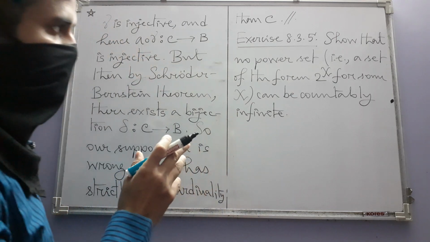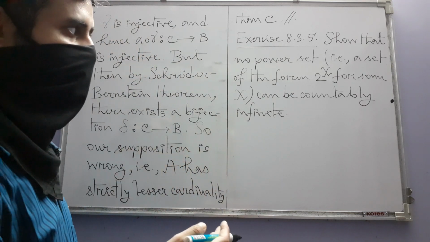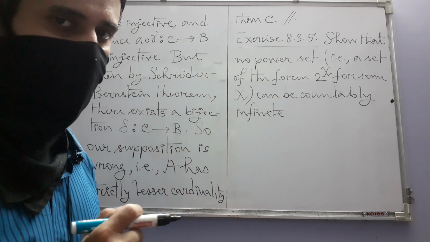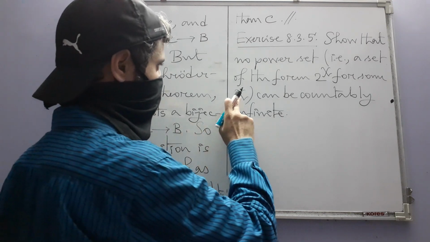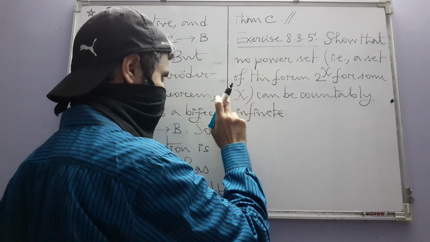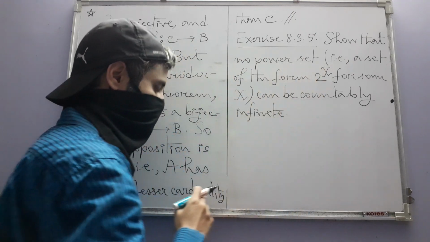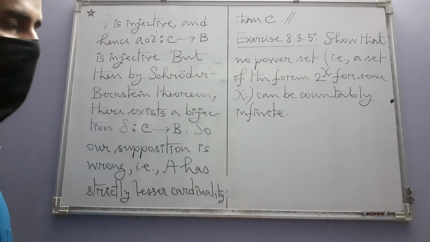Countably infinite means having a bijection with the set of natural numbers. You cannot find a set X for which its power set is in a bijection with n.